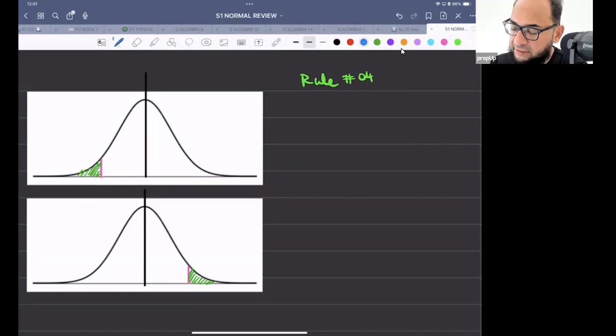Okay, so this is negative A, this is positive A. According to symmetry, you can see that this is exactly the same.